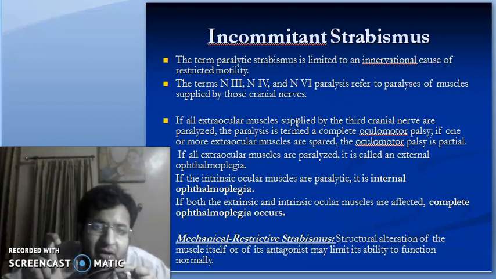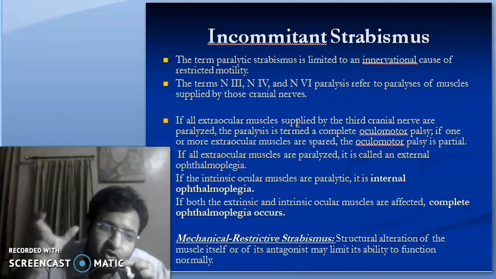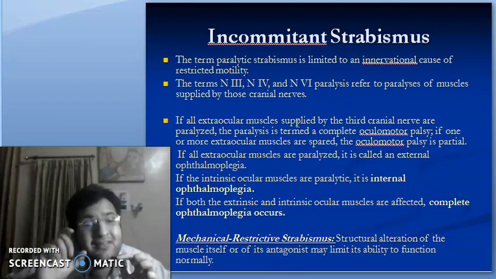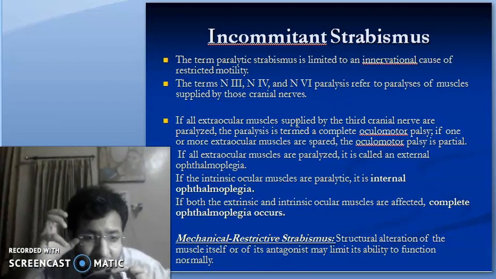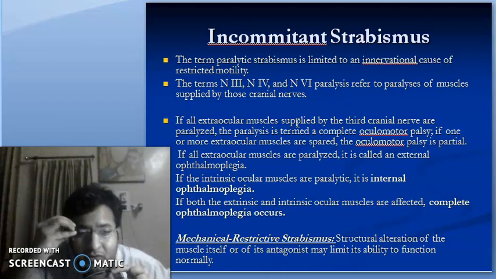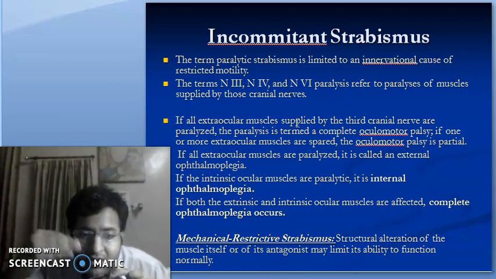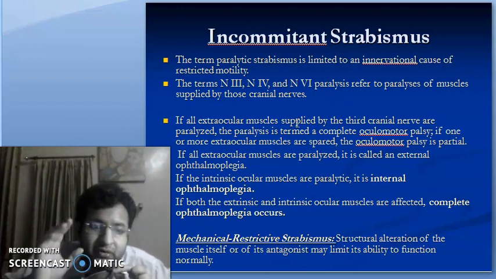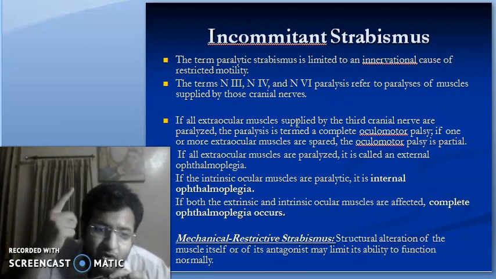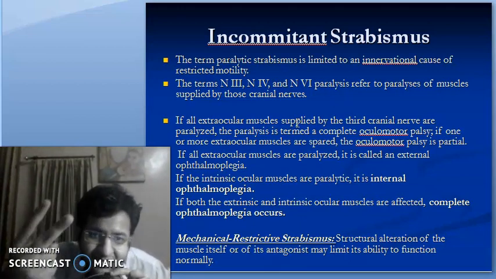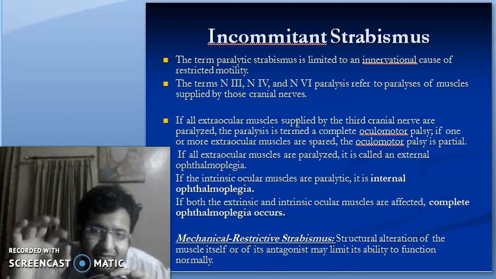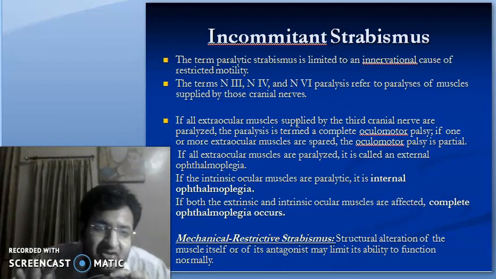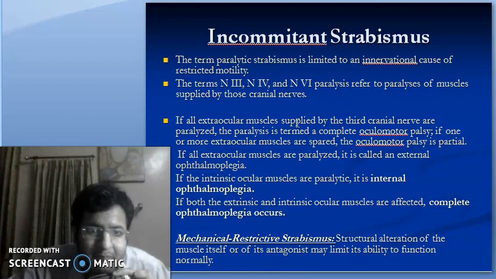But incomitant strabismus includes both paralytic strabismus and restrictive strabismus. For example, if some tumor is present, we will not be able to move the eye in that direction.